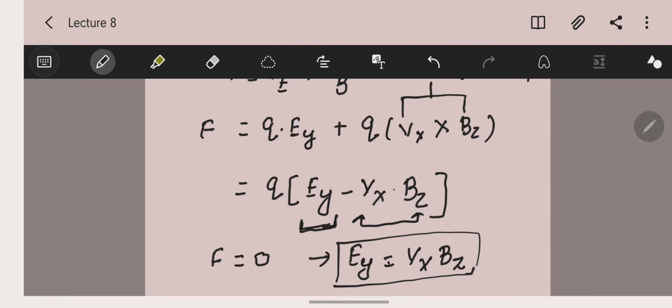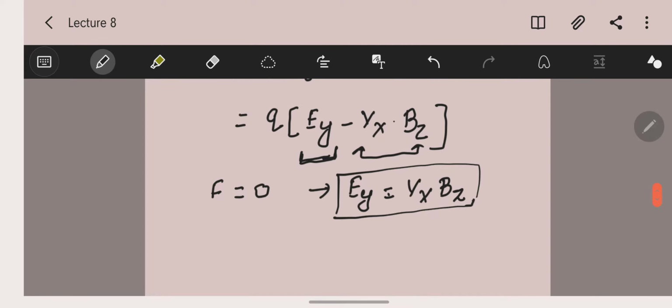Now when the electric field is set up here and the magnitude of this Ey is equal to the product of Vx and Bz, because of the electric field there will definitely be a voltage, and that voltage is induced between the top surface and the bottom surface.